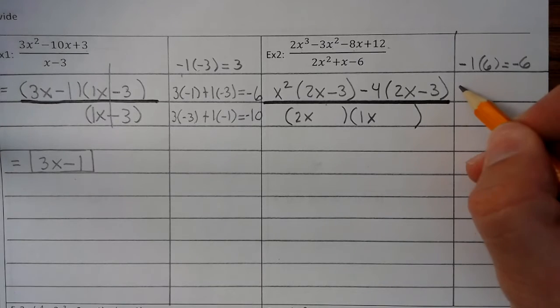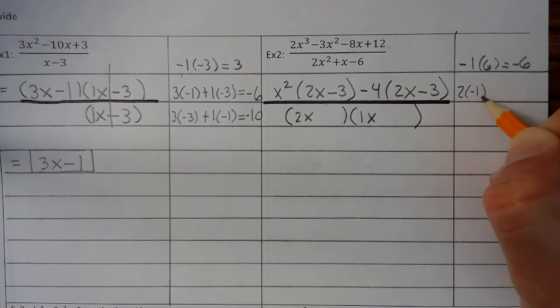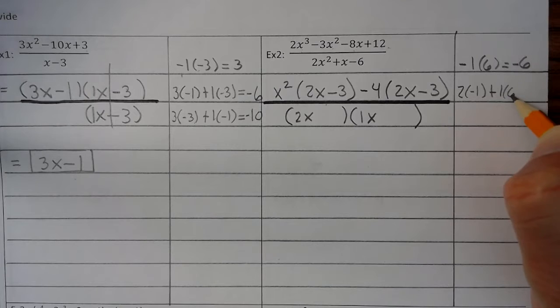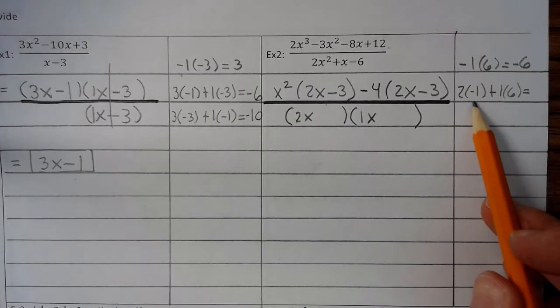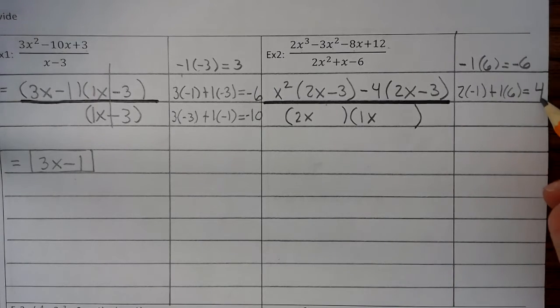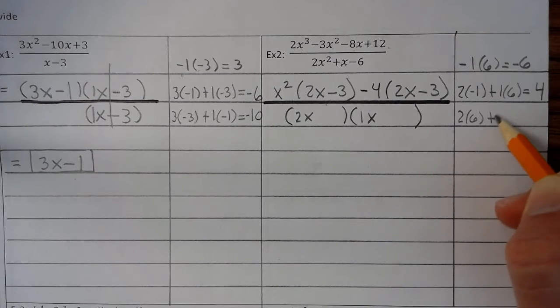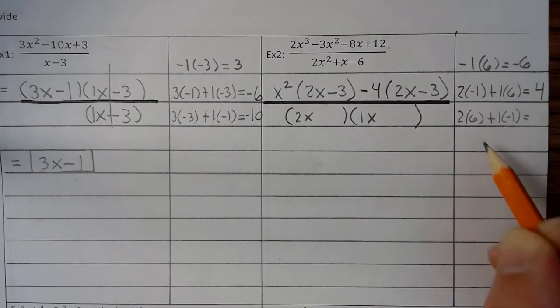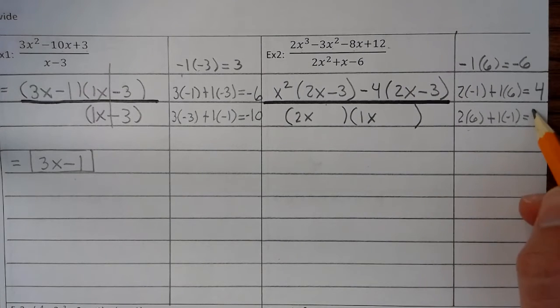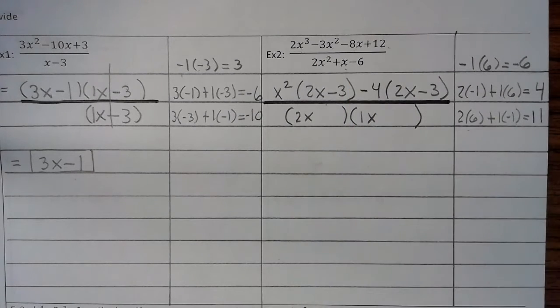So now let's do 2 times negative 1 plus 1 times 6, which is negative 2 plus 6 is 4. That does not equal the middle number of 1. So now let's do 2 times 6 plus 1 times negative 1. Well, that's 12 minus 1, which is 11, not positive 1.